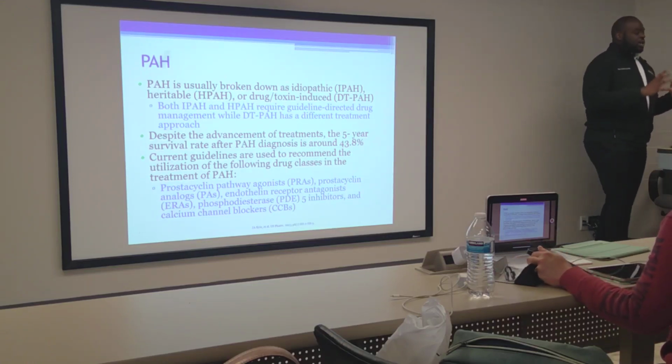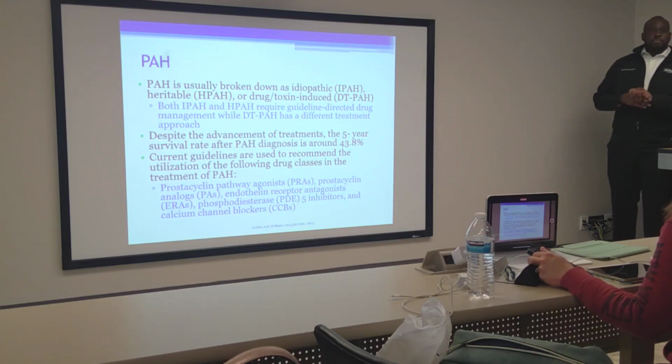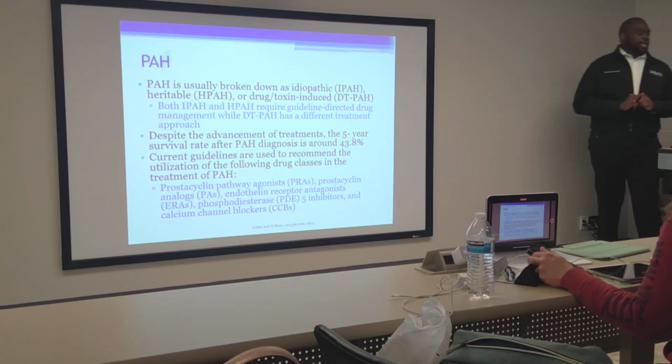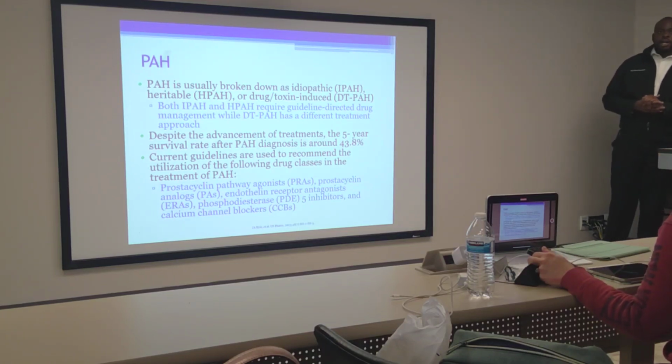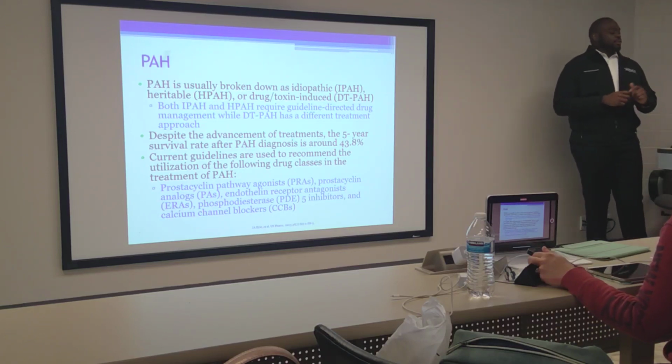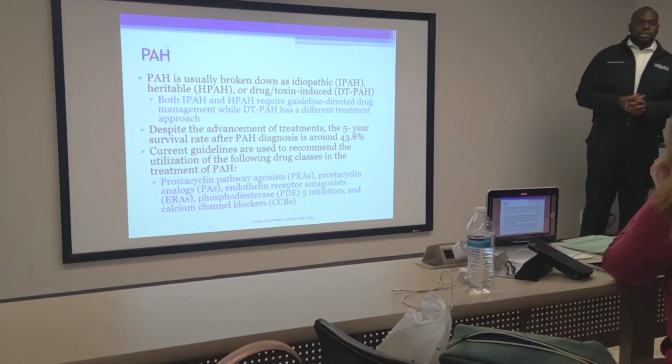You break these down into different drug classes such as prostacyclin pathway agonists, also known as PRAs, prostacyclin analogs, known as PAs, endothelin receptor antagonists, also known as ERAs, as well as phosphodiesterase, PDE5 inhibitors, and calcium channel blockers, or CCBs.